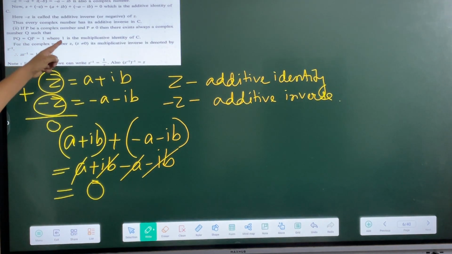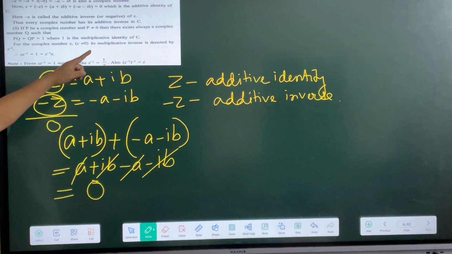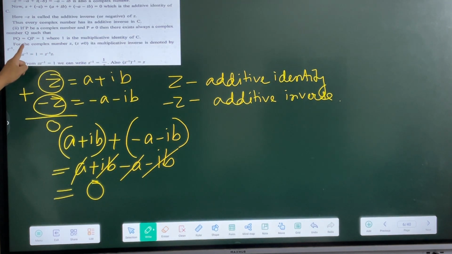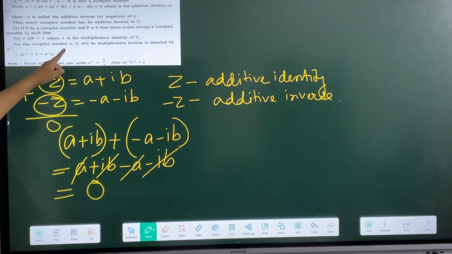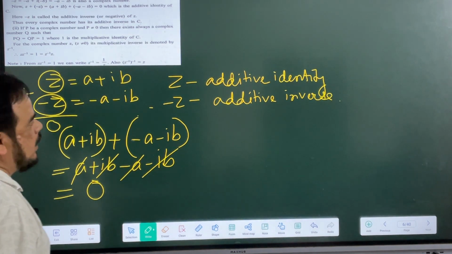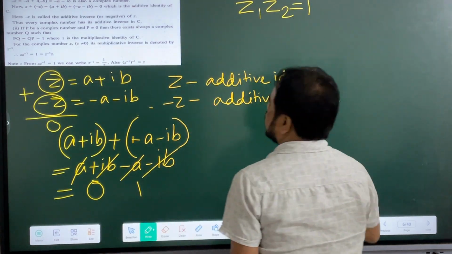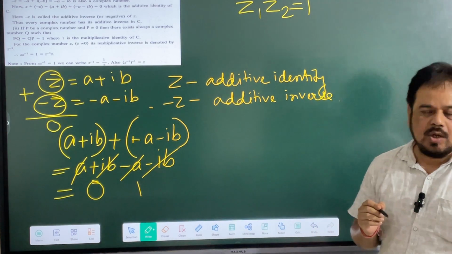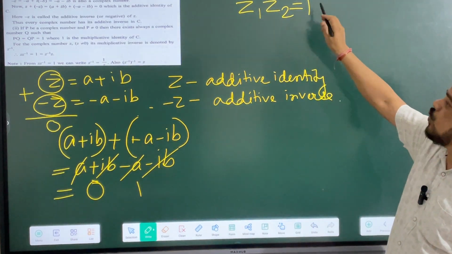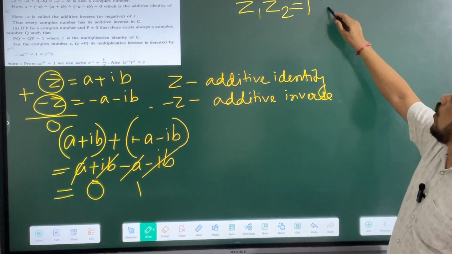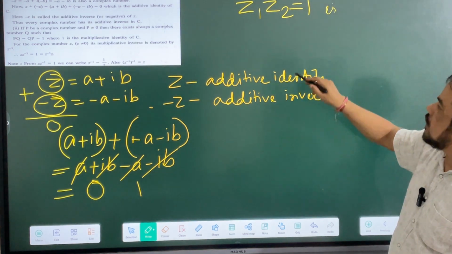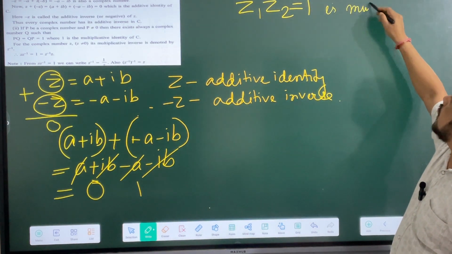If p is a complex number, p not equal to 0, then there always exists a complex number q such that pq equals qp equals 1, and then 1 is called the multiplicative identity of C. Look here, Z1 and Z2, two complex numbers, after multiplication if we get 1, then 1 is called the multiplicative identity.